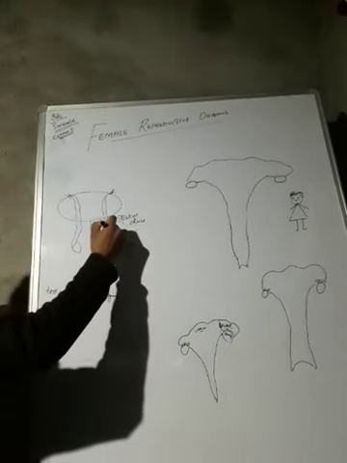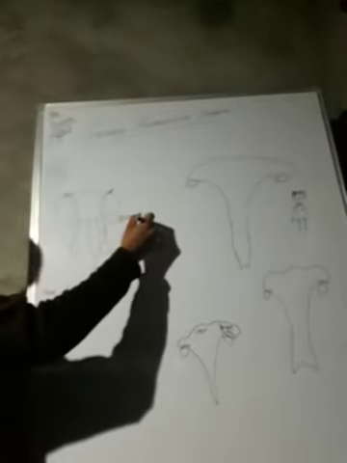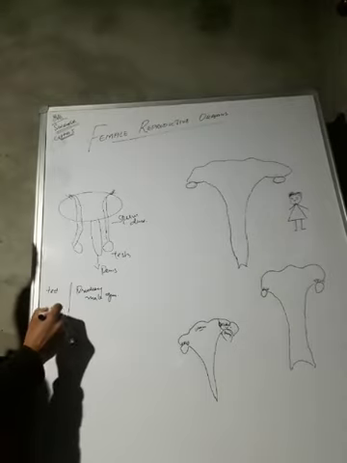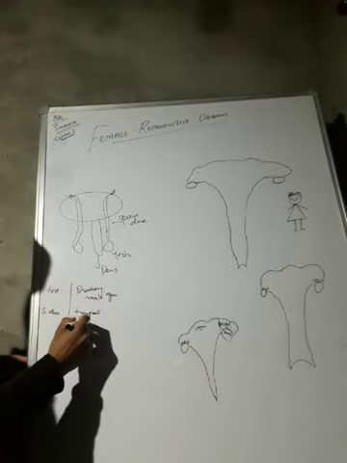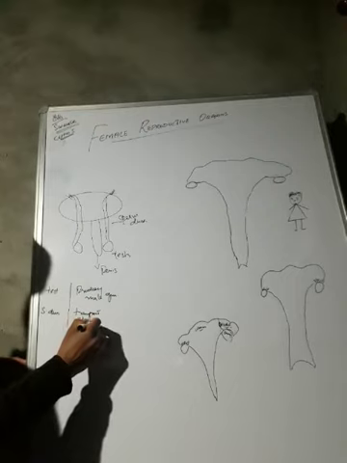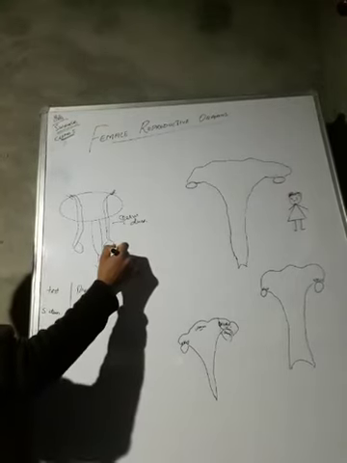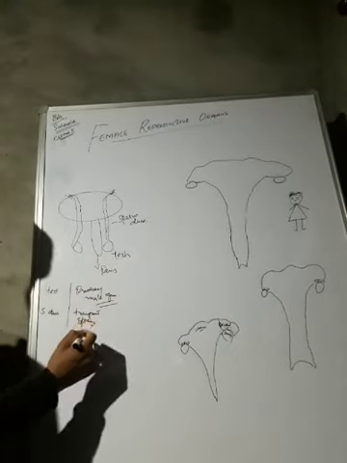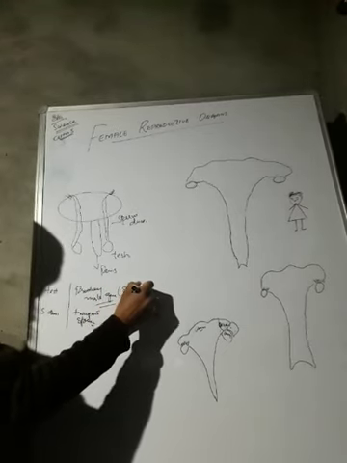And these sperm ducts, or sperm tubes, the function of these is to transport the sperm which the testes have already made. So these testes produce male gametes, which we call sperm.